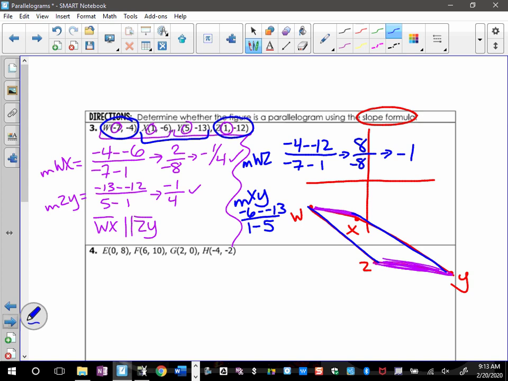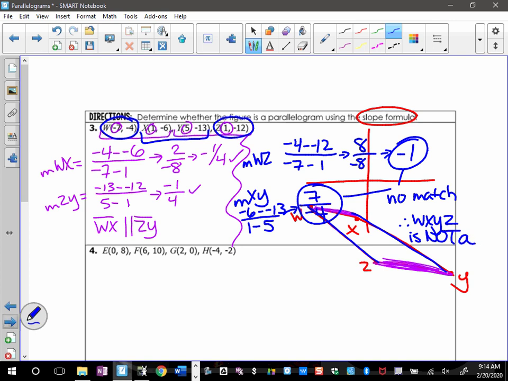Which is 7 over negative 4. These two do not match, meaning WXYZ is not a parallelogram. So we didn't have two matches for our slopes, so I know it's not a parallelogram.